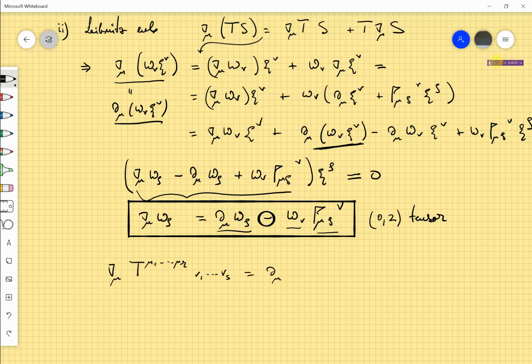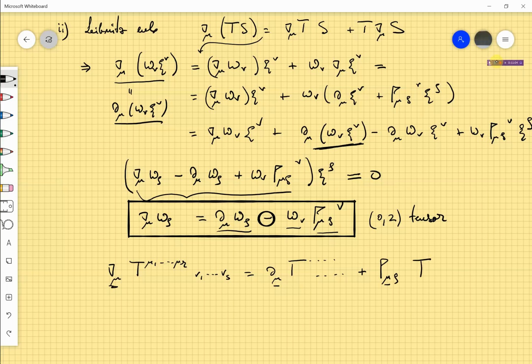You always have the partial derivative. I don't write all the indices. Then you get a plus gamma, with first the same index that you have in the partial derivative, and then a mute index, one that you are going to sum over, say rho.